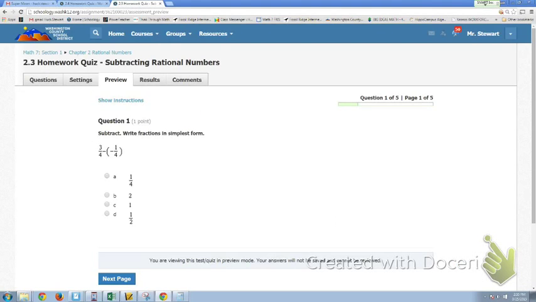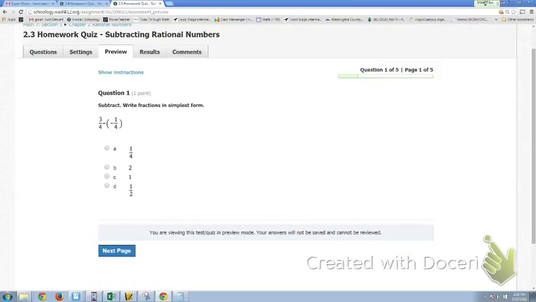Okay. All right. So if you take a look, it says subtract, write the fraction in simplest form. And I know 2.2 and 2.3 are going to appear to be very similar.